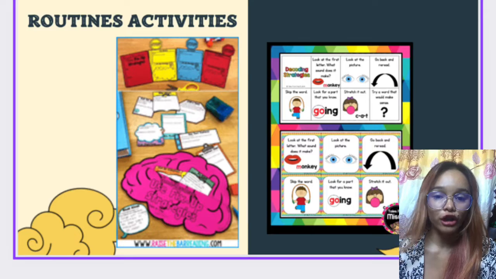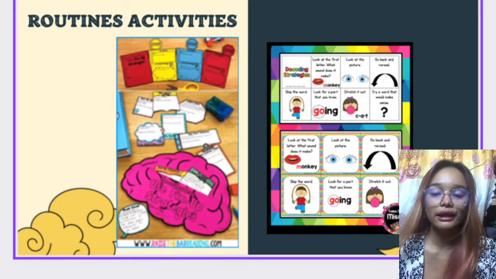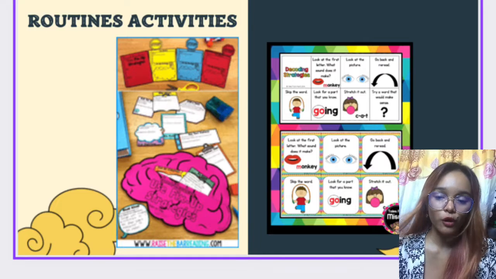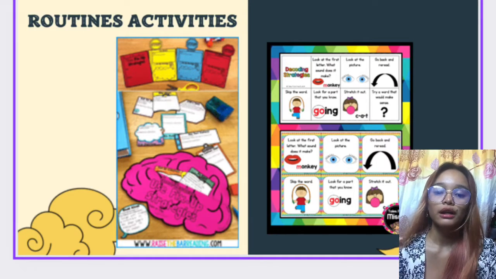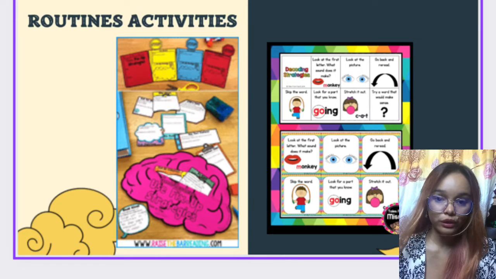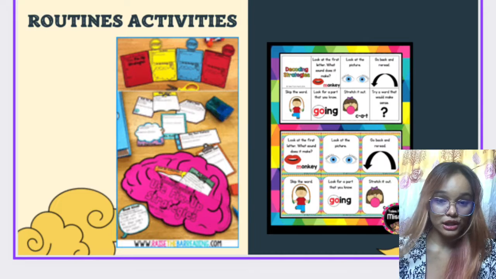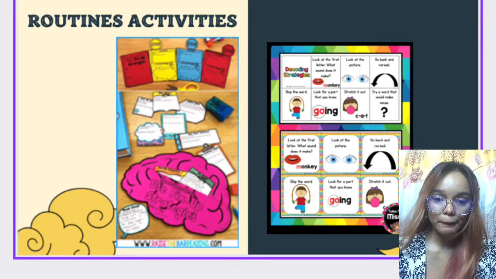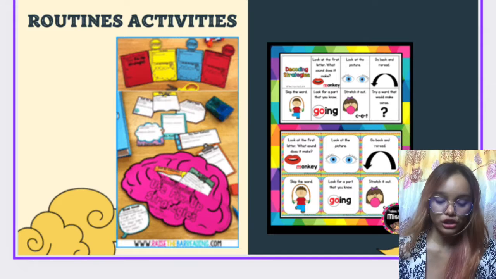So aside from understanding and remembering the tasks that they have in their homes, they could also practice their native language in school through these routine activities. Not just in school, but also in the community or in their own churches.